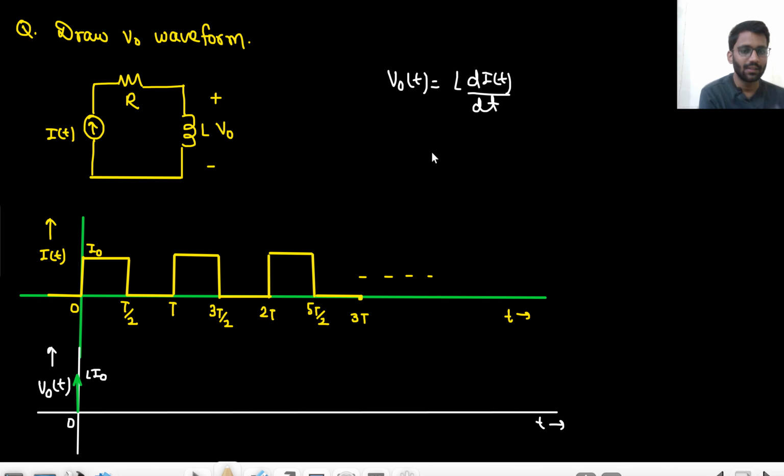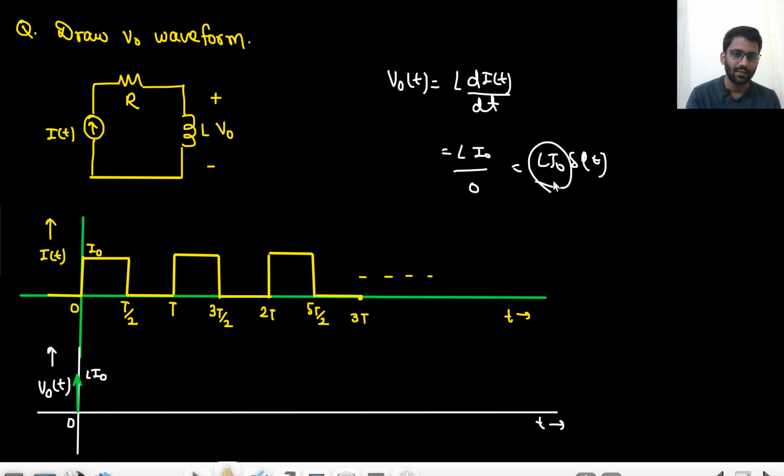How an impulse? What is the differentiation of a step? That is an impulse. You can also think the current is changing from 0 to I naught in no time, so L I naught delta t, but we only show the area.